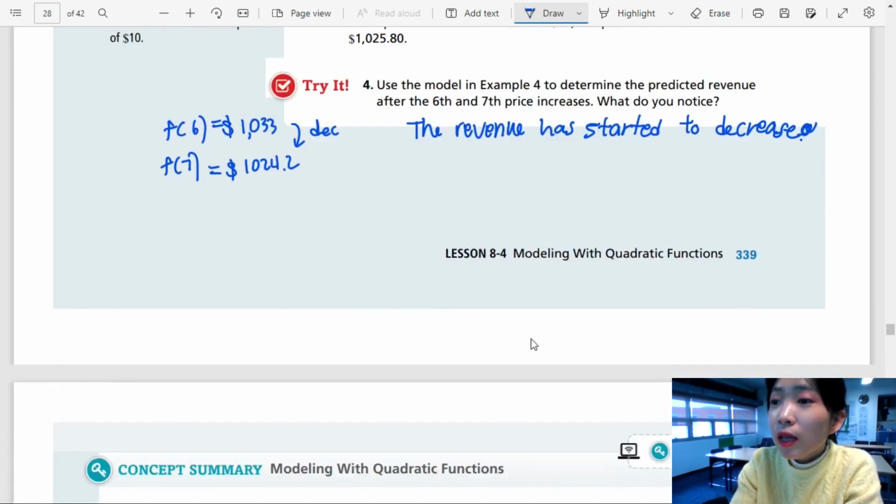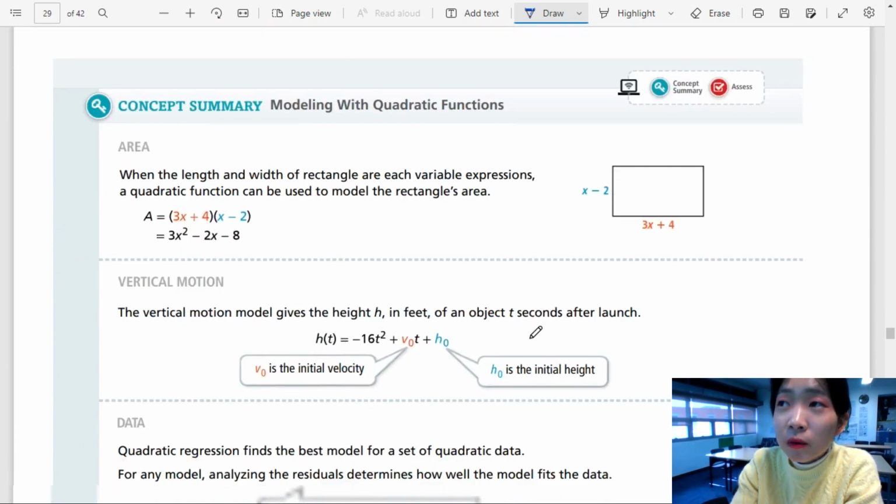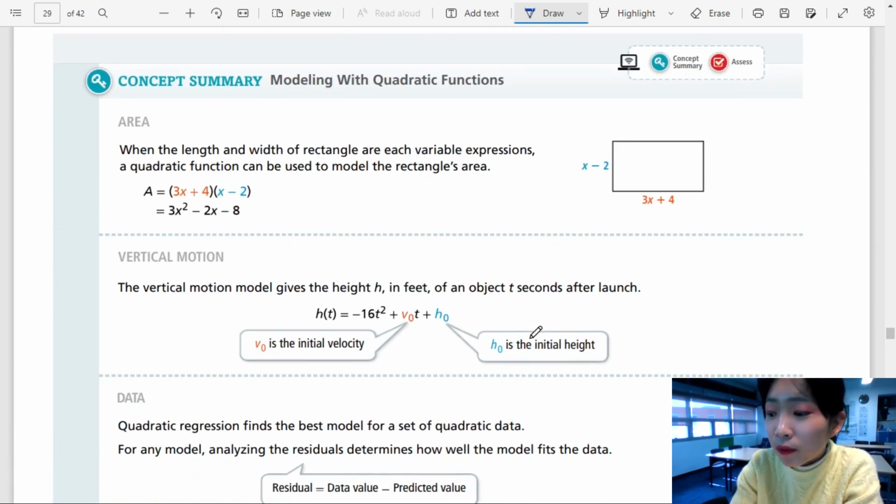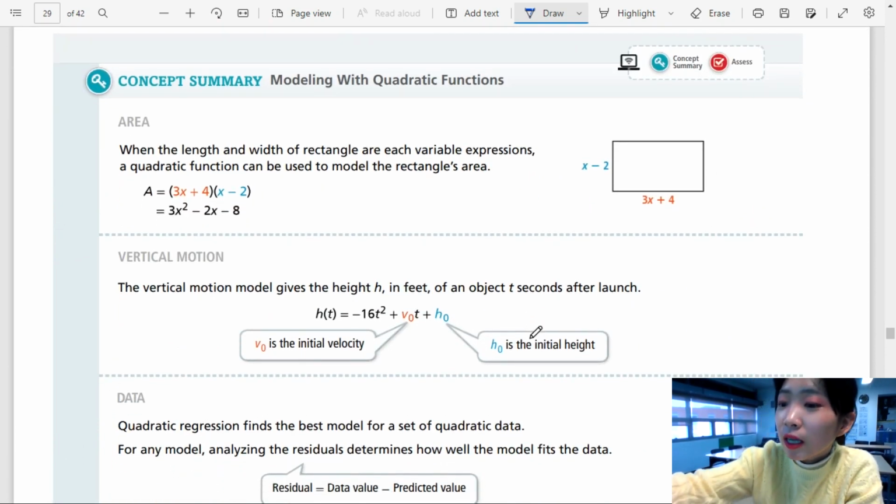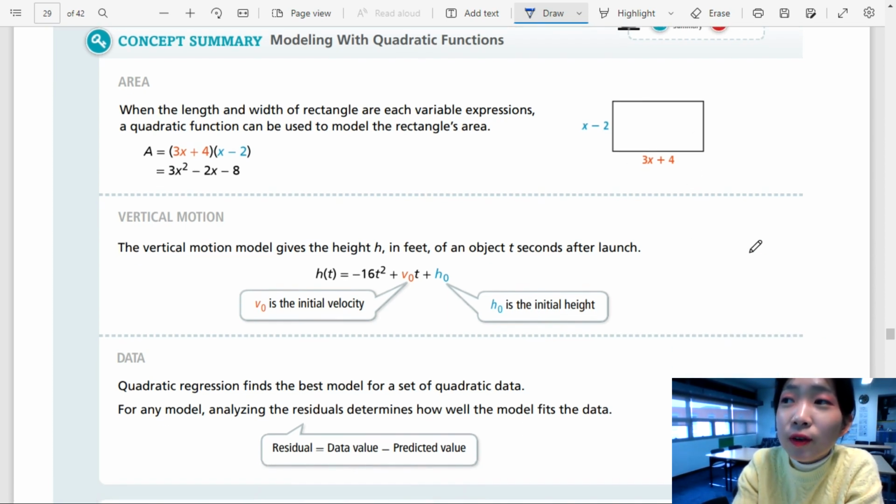Okay, good. Now let's look at the summary. Modeling with quadratic functions is what we've learned in this lesson. So if you look at area, you have expressions for the dimensions. Use that to write a function. We have vertical motion. So h of t is equal to negative 16t squared plus the initial velocity times t plus the initial height.